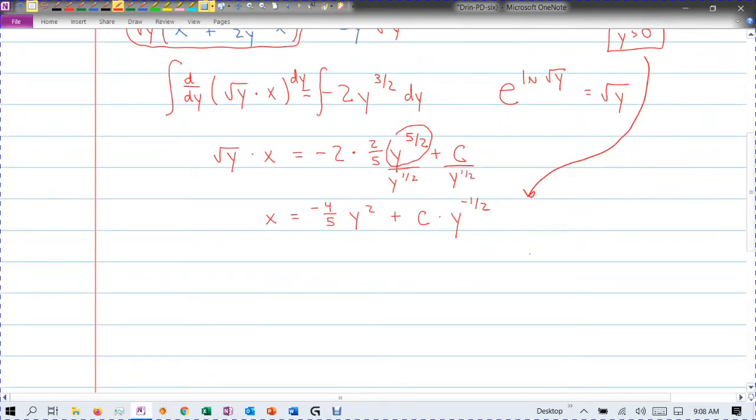All right, let's look at number 12. So for 12, we have dx dy equals x plus y. In other words, x prime equals x plus y.